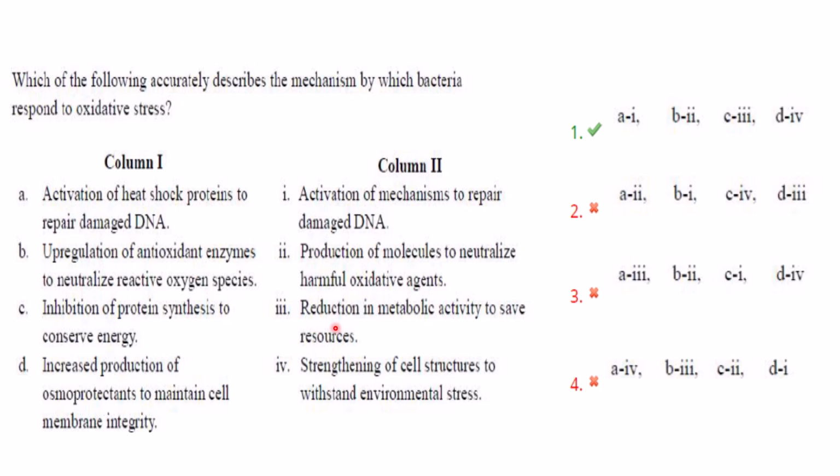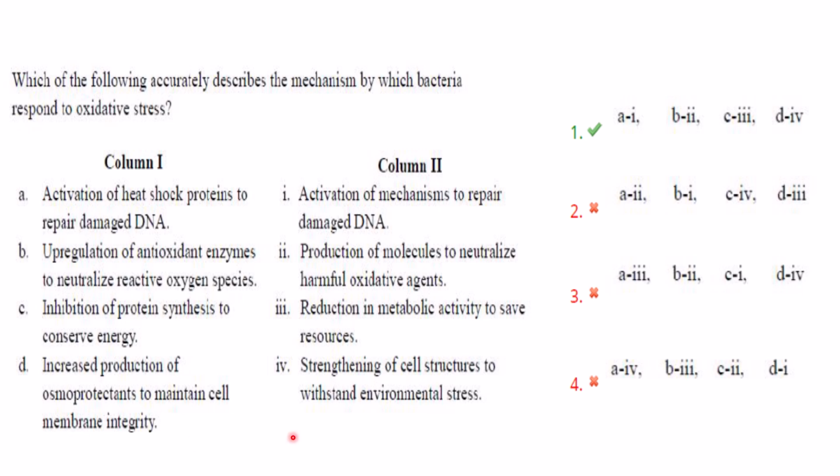Inhibition of protein synthesis to conserve energy. This is for reduction in metabolic activity to save resources. Yes, the bacteria is reducing its metabolic activity and will direct its energy towards detoxification as well as repair of damaged DNA. So 3 is also correct. Increased production of osmoprotectants to maintain cell membrane integrity.